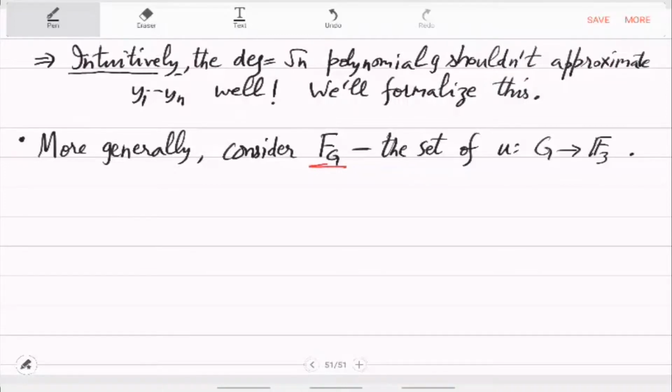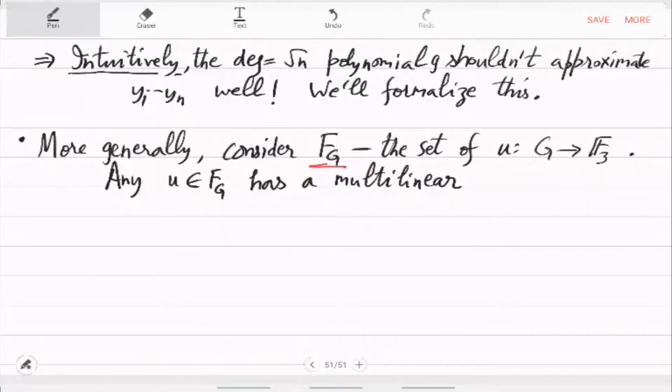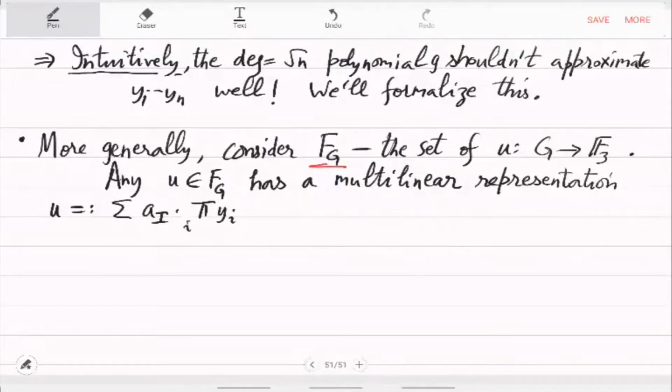So what you can do is any u here has a multilinear representation as a sum over monomials yi, where big I is a subset of the variables.